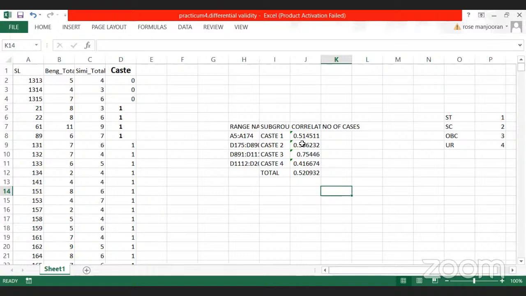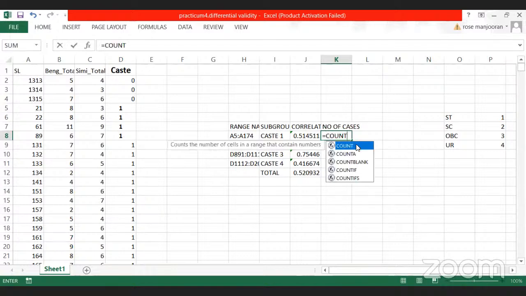Okay, fine. So next we will see the number of cases. To find the number of cases, we type equal to COUNT. That means we are going to find the count of Bengali total and similarity total with respect to caste 1, caste 2, caste 3, caste 4, the number of cases.